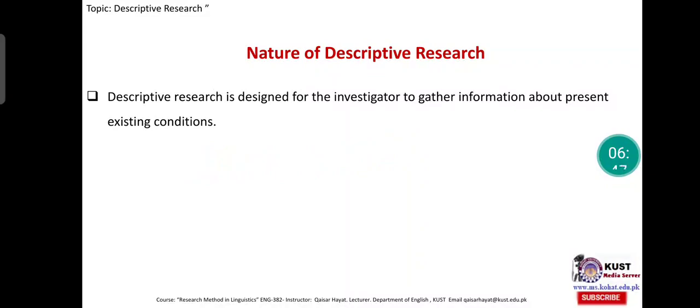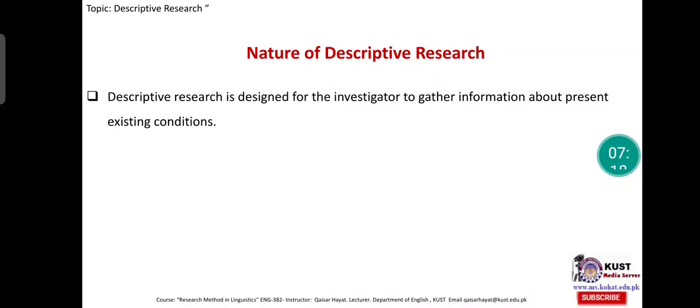For example, if a situation has worsened, and the status of an event, or of a thing, or of a group of people is worth studying, and you decide to do research on it, you would see whether this situation is able to invite descriptive research to be done or not.